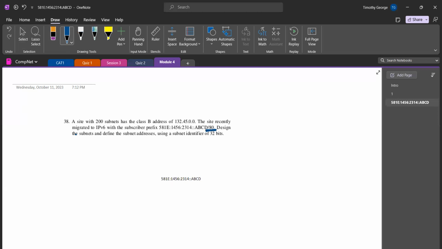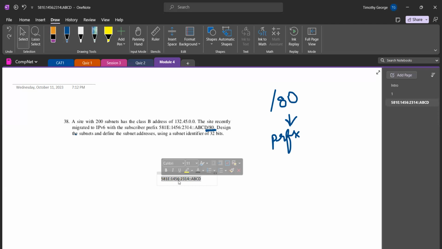What does /80 mean? When you have a prefix that is given as /80, this means that the total for that prefix will be 80 bits. So we have to get this to 80.